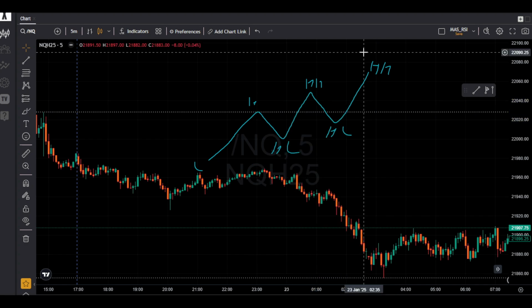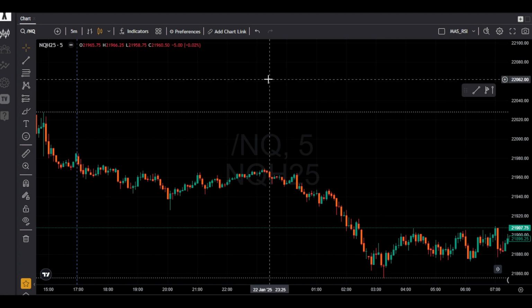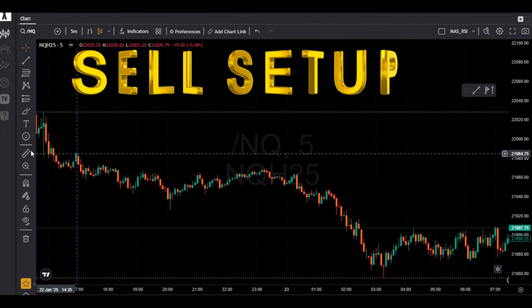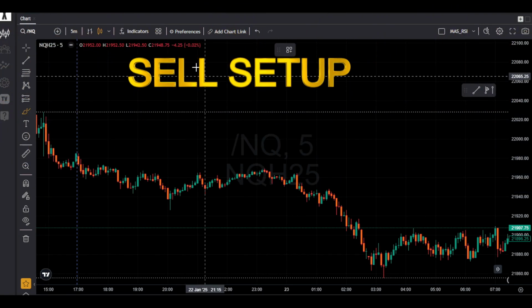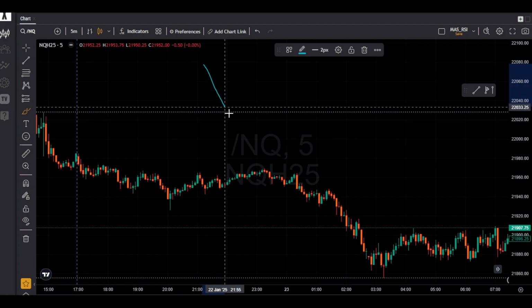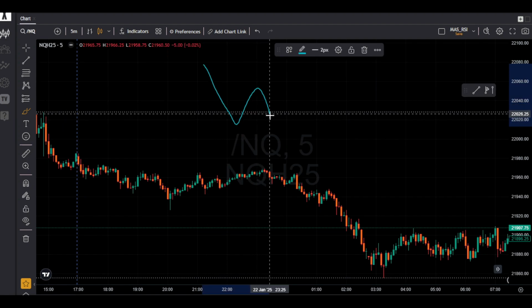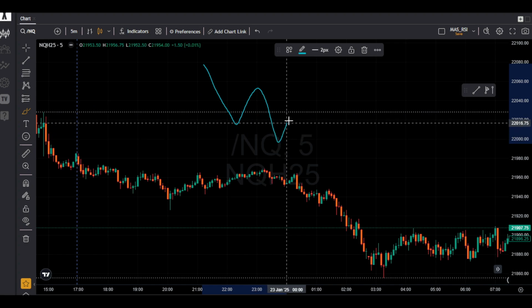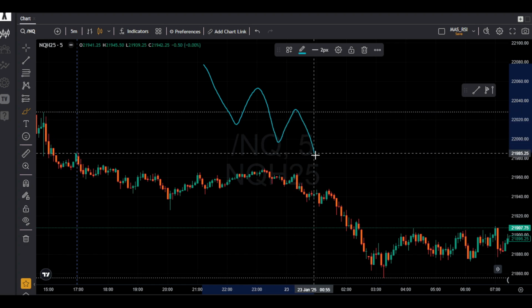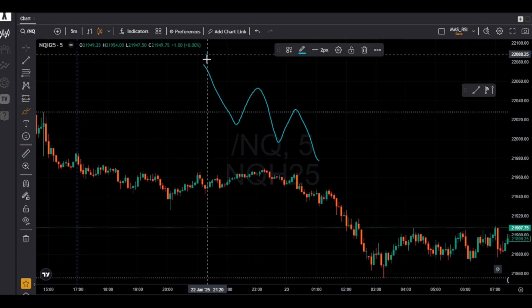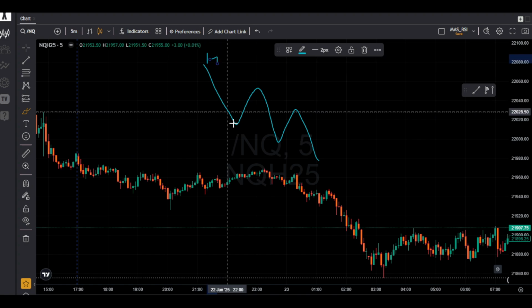Similarly, we are going to look for a sell setup, and then we will look at a practical example. So we're back on the chart, and now we'll be looking at sell setups. Let's say price started moving over here in a trend. From here it pulled back, then moved down, pulled back, moved down. This is a high point.